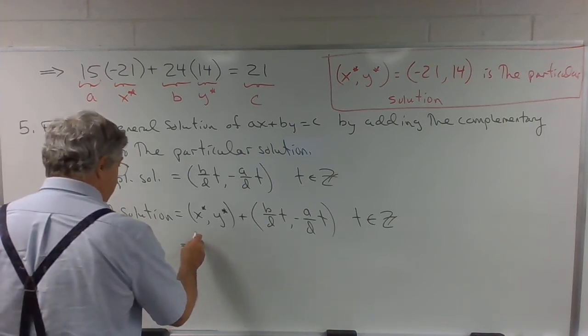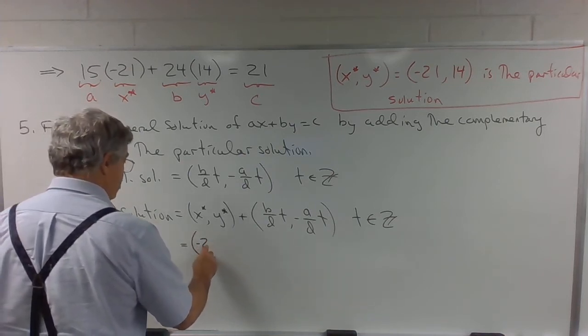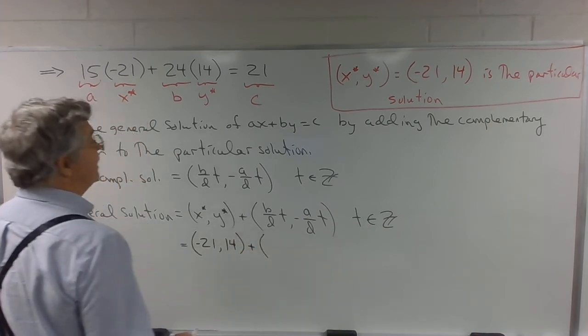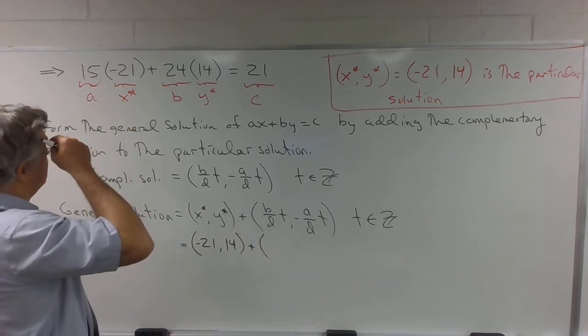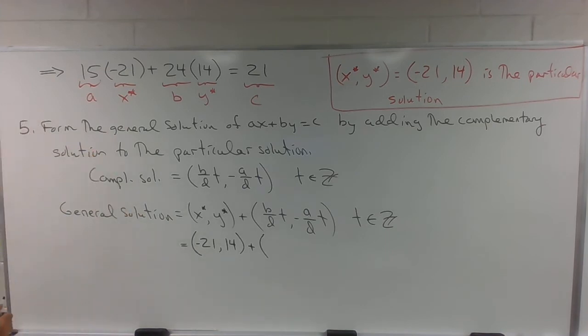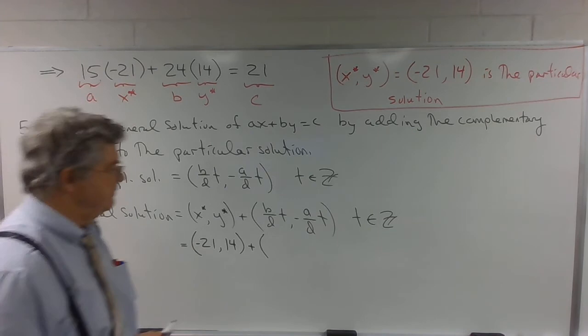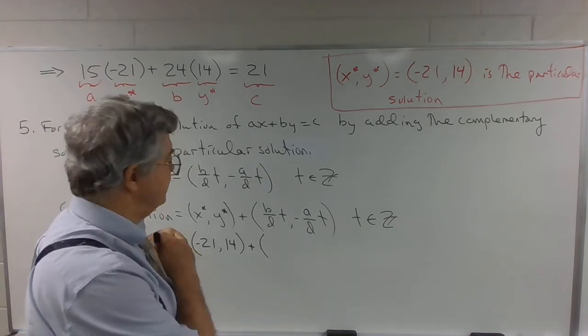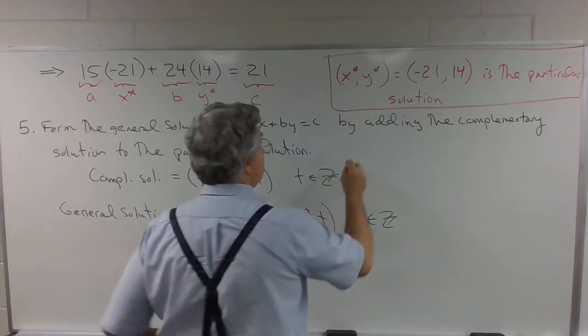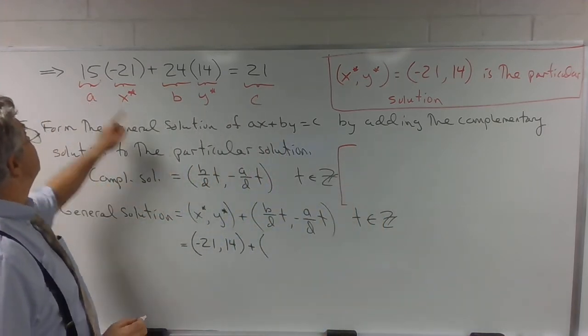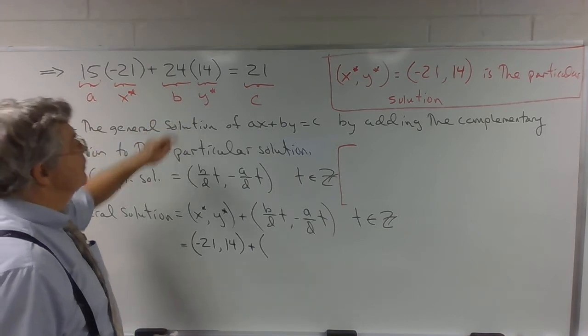Okay, so let's see, we have negative 21, 14, plus that complementary solution. Holy moly, I didn't say what the complementary solution was either, did I? Okay. Yikes. B over D, that's 24 over 3, which is 8.